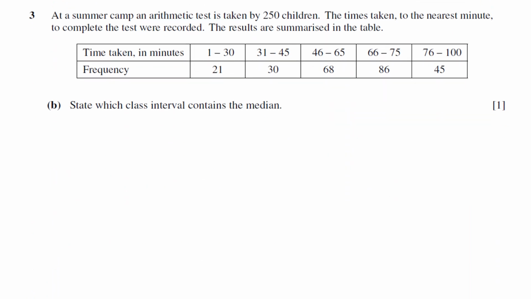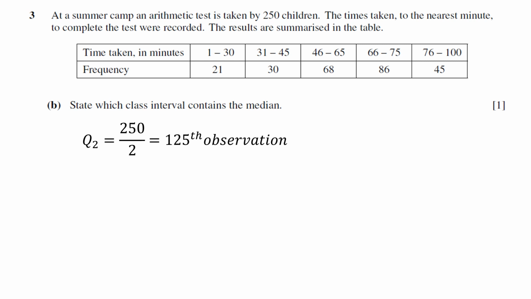On to question 3b. It says, state which class interval contains the median. Since the total number of children is 250, our median is going to be 250 divided by 2, and that will be our 125th observation.